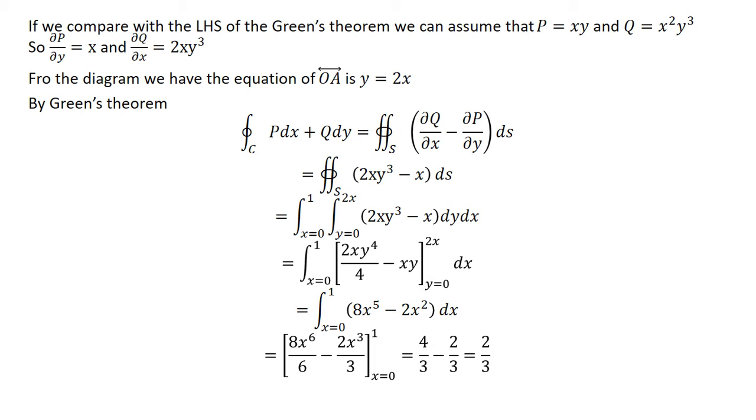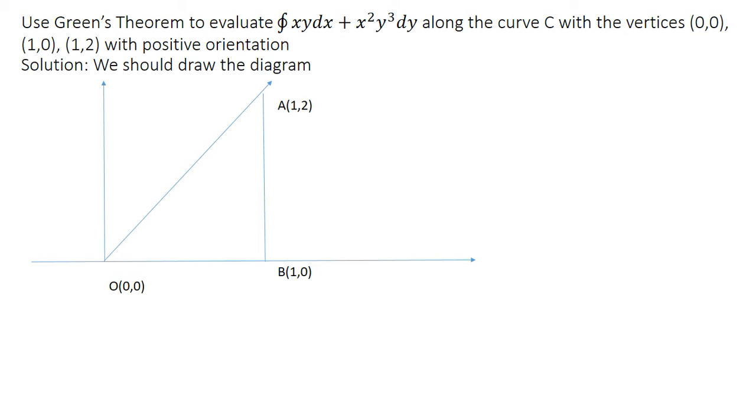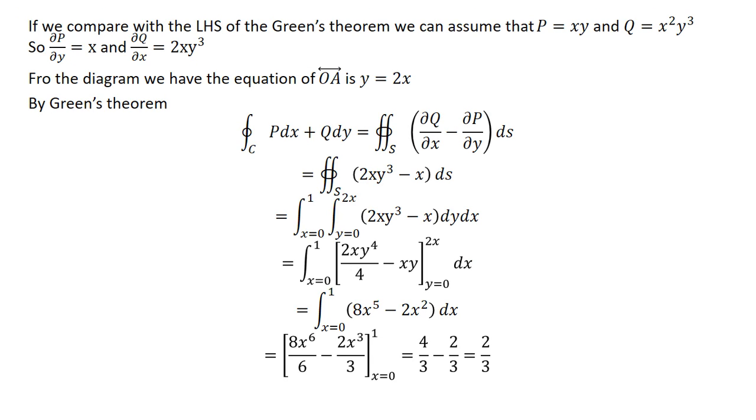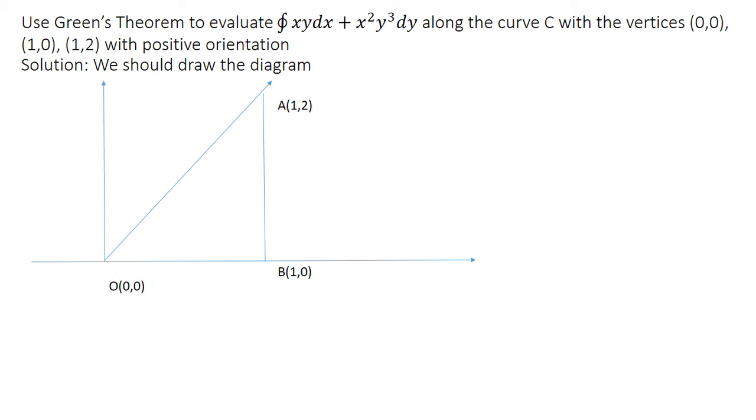From the diagram, if you know 2 points 0 0 and 1 2, that is OA, you can find out the equation of the line OA, and that equation will be y equal to 2x. It's very simple mathematics, you know already from class 11-12 knowledge that the equation of OA will be y equal to 2x.